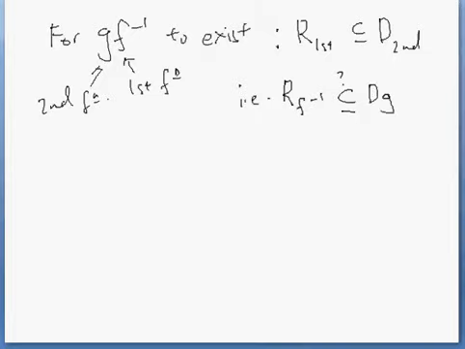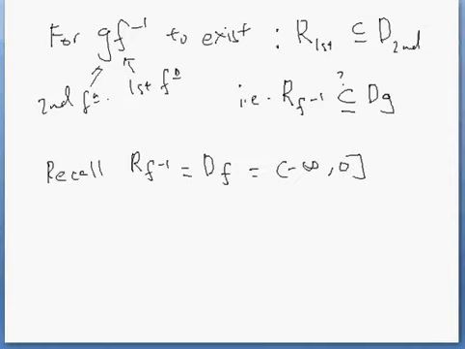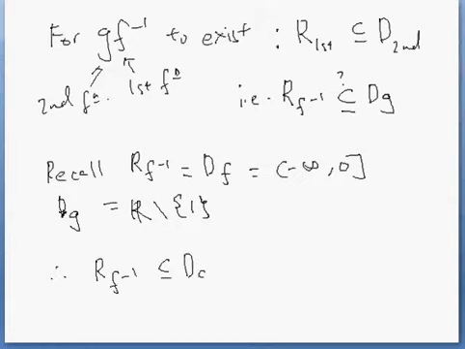Recall the range of f inverse is the same as the domain of f, and from part 2 onwards, the domain of f is from minus infinity to 0. And the domain of g is the whole real line excluding 1. Therefore, the range of f inverse is a subset of the domain of g. Hence, gf inverse exists.